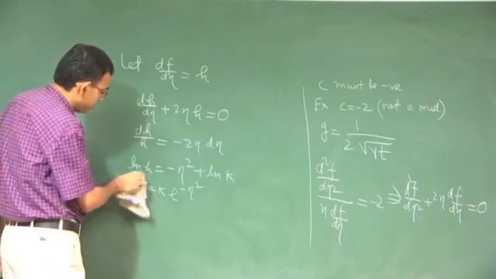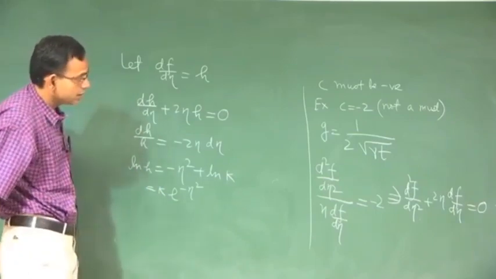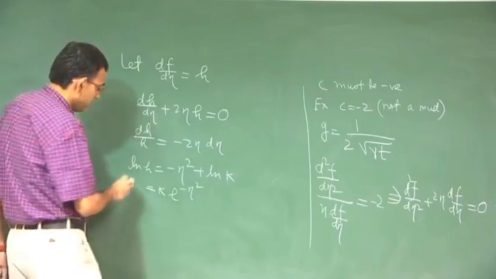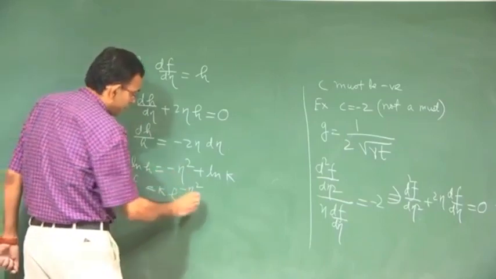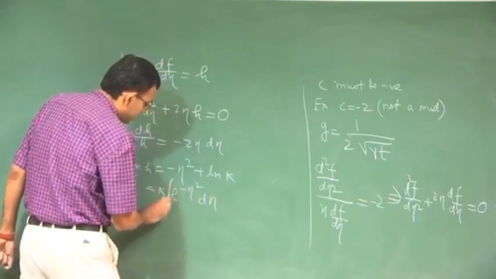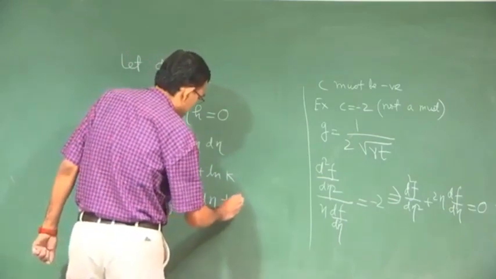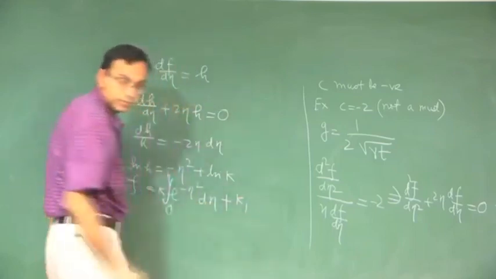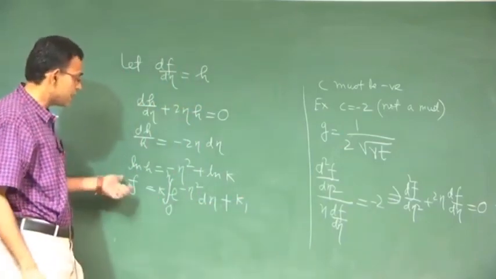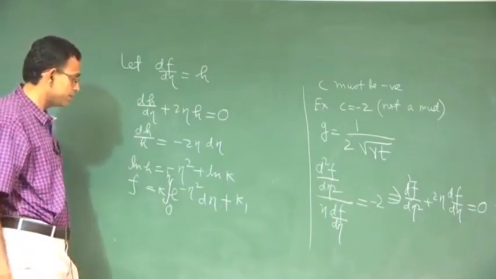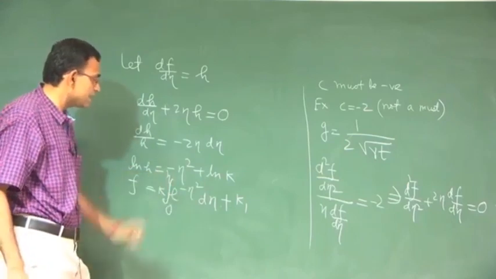we will put f and this as 0 to eta plus some k1, right. This is the solution to the problem. You require two constants k and k1.